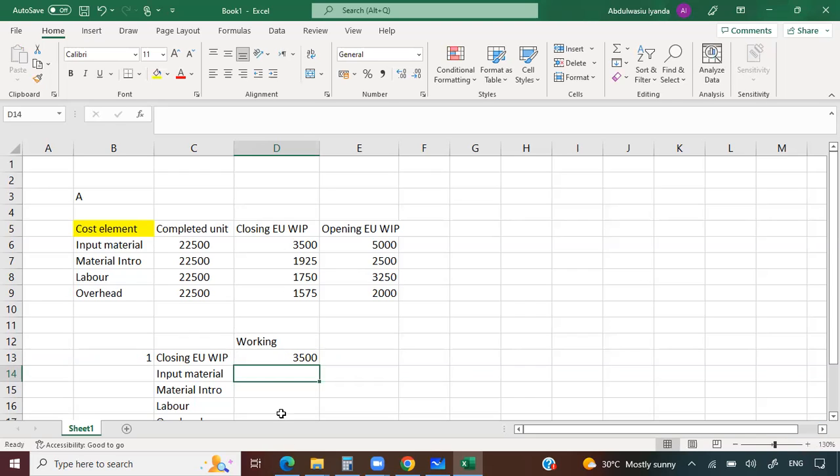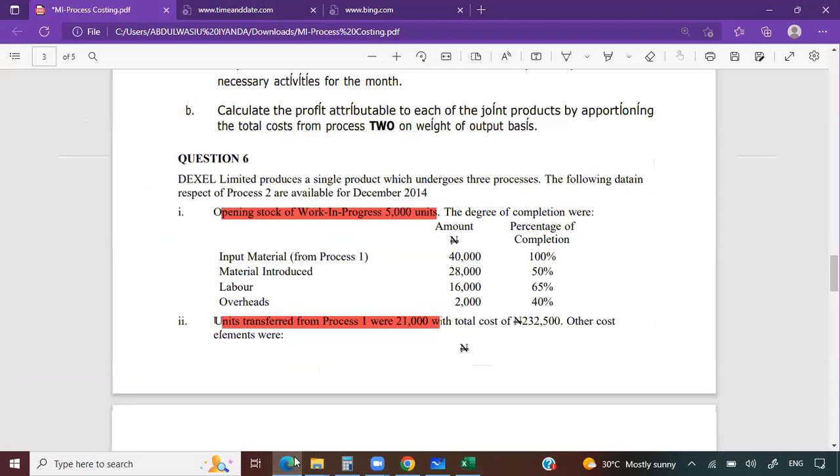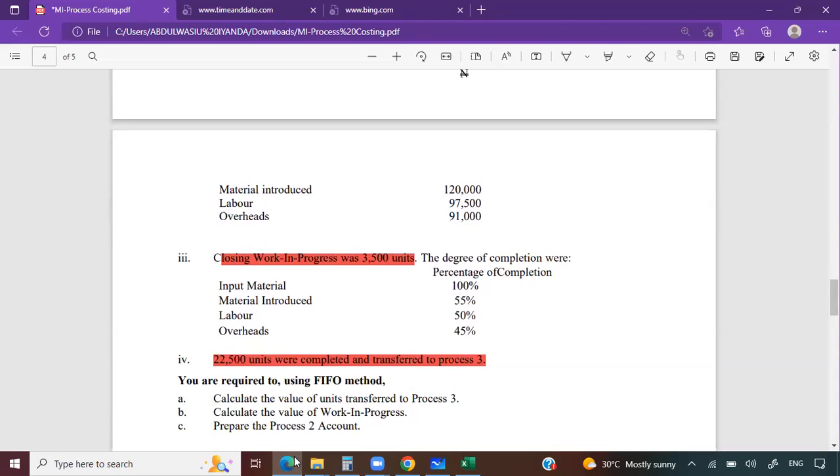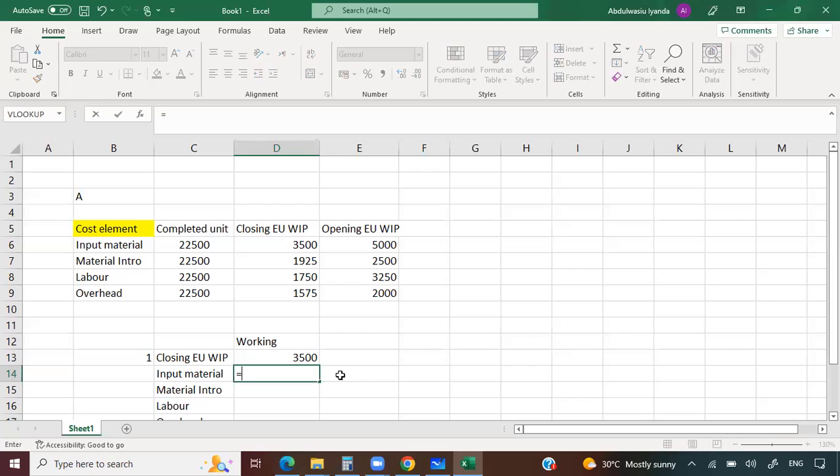Then material, look at additional information 3. Input material is 100% complete. Please let me write it this way so that it will show: 100 divided by 100 multiplied by 3,500, so that you're able to see it.